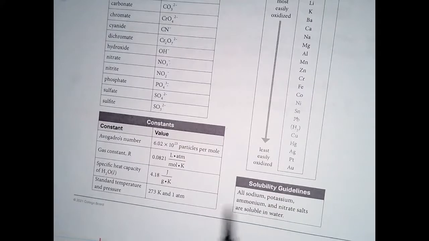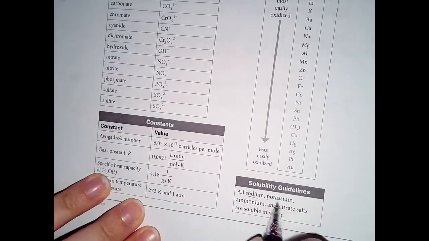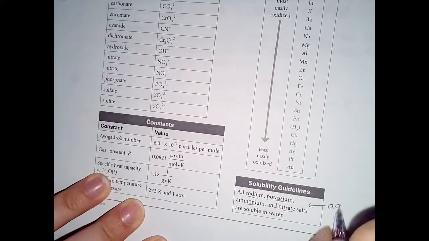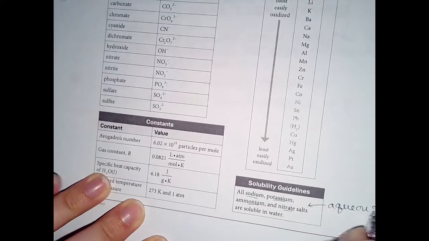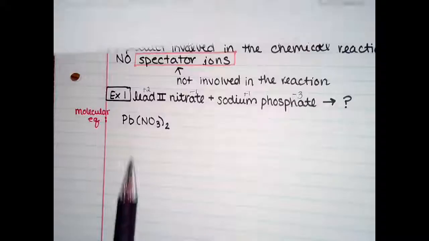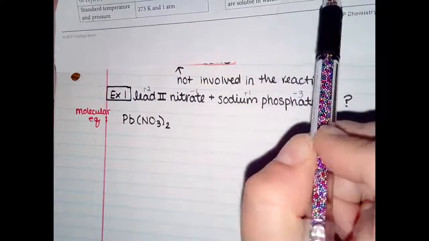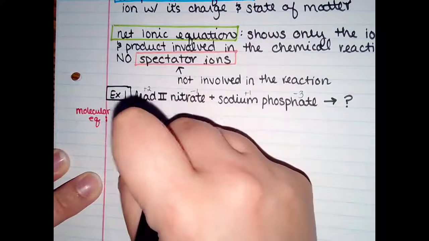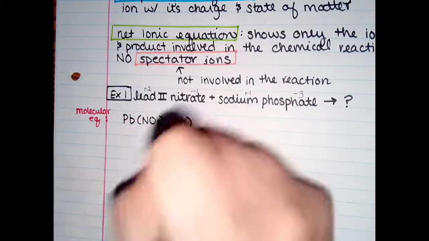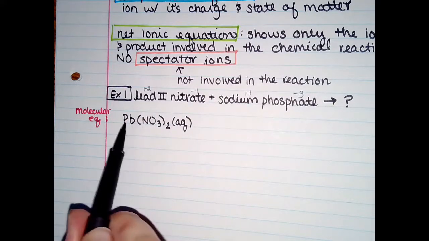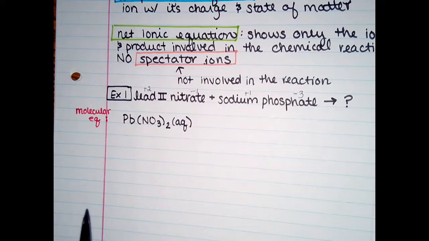So, all of these, if you want to make yourself a little note, sodium, potassium, ammonium, and nitrates, those all are aqueous. So when I have lead nitrate, nitrates are aqueous. So after this, I put AQ. That is an ionic salt that dissolves in water to make an aqueous solution.